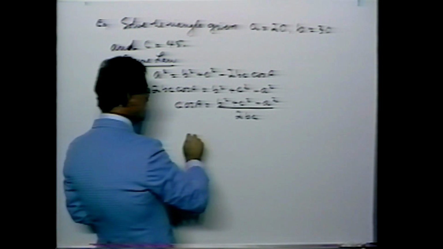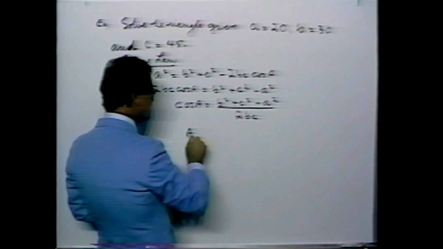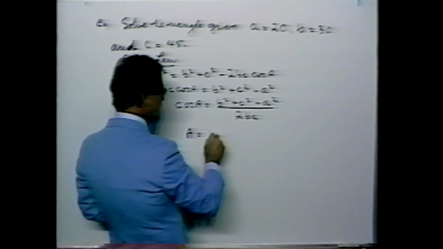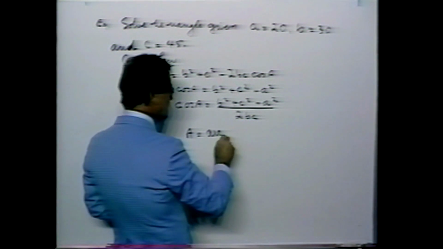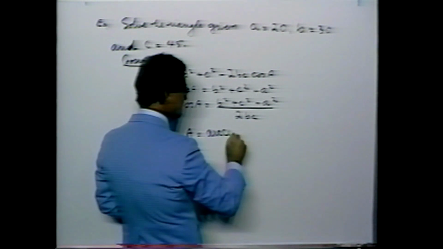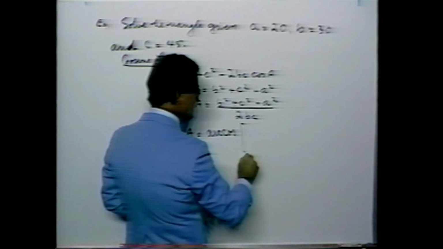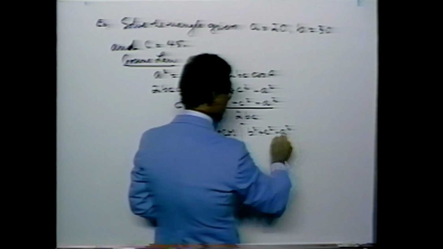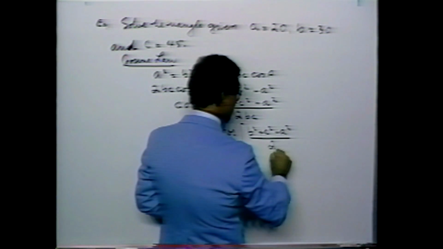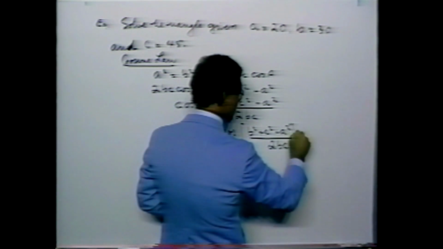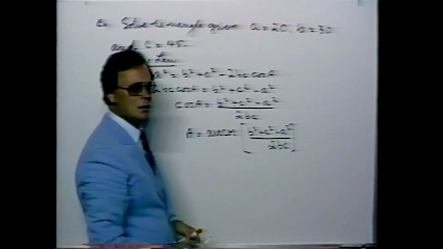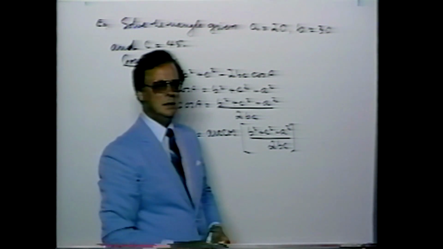And then finding A itself, the angle, is always possible by taking the inverse, arc cos, of this quantity.